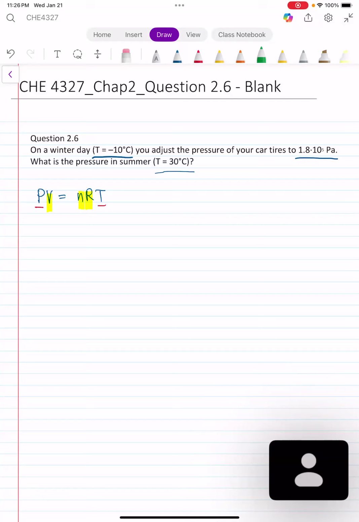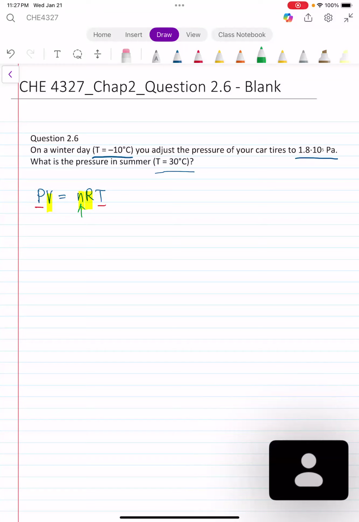So then, let's think about what we have for V and n and R. For our subject tire here, we are assuming we don't add or lose air in the tire between the wintertime and the summertime. So we can say our n is constant. For a good tire, you don't have to add air, you don't lose air.